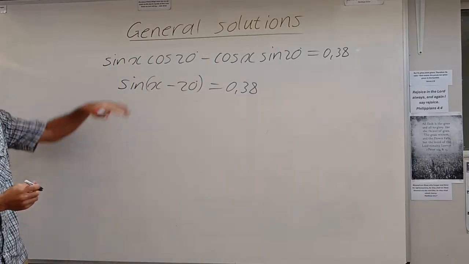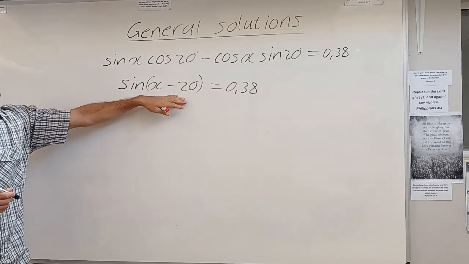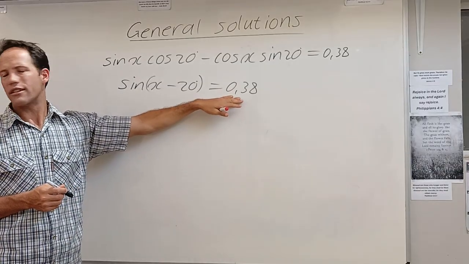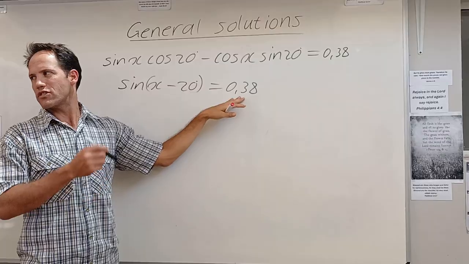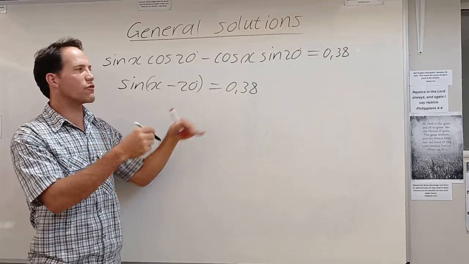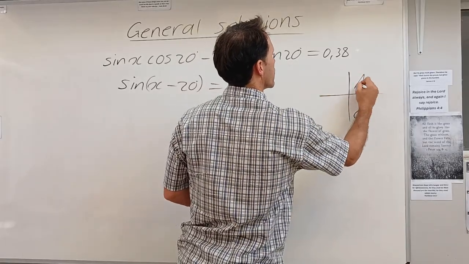Okay, so we've got a compound angle. We know we can change it to sin(x minus 20). So now it's positive, right? It's not negative 0.38, it's positive 0.38, which means, what do we know about sine? Where is it positive? Remember the first and the second quadrant. If you think of the CAST diagram again, you can always just go back to the CAST and think.